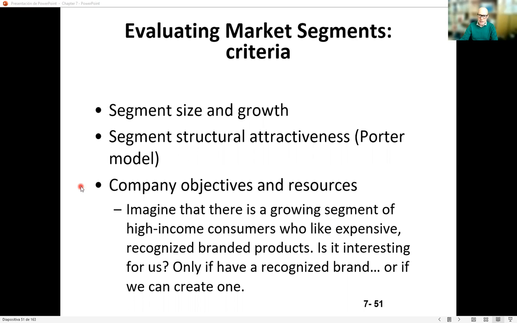There should be a match between those objectives and resources, and the characteristics of the market. So imagine there is a growing segment of high-income consumers who like expensive, recognized branded products. Maybe it's not interesting for us because we don't have a recognized brand or the resources to create one.